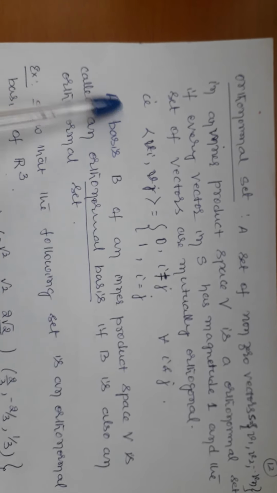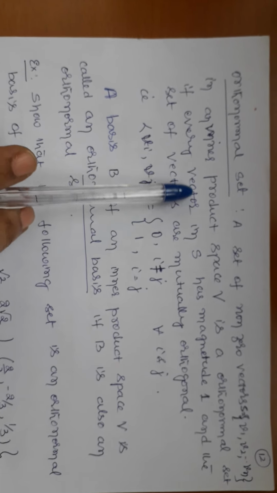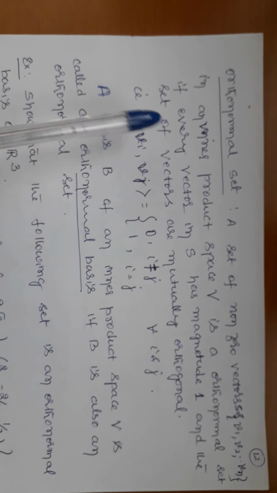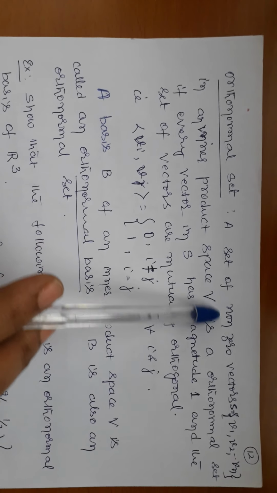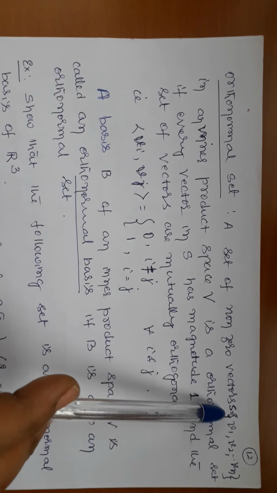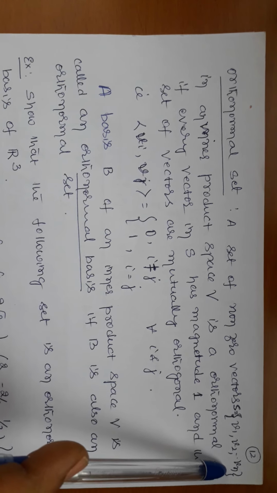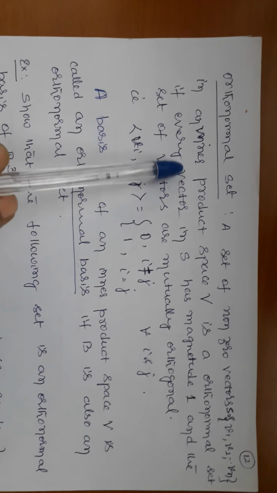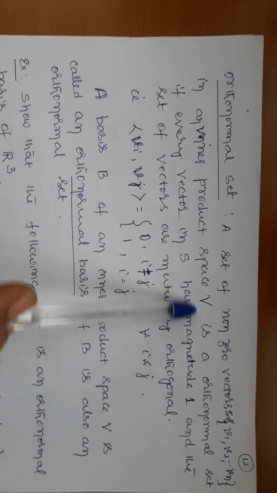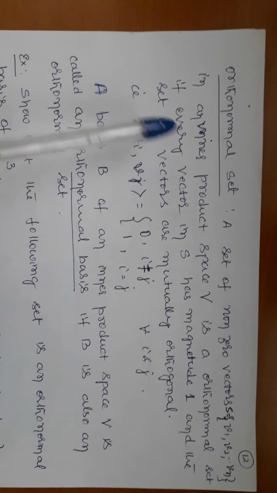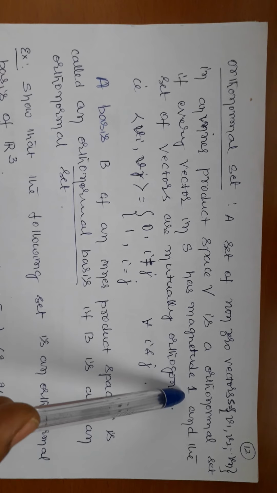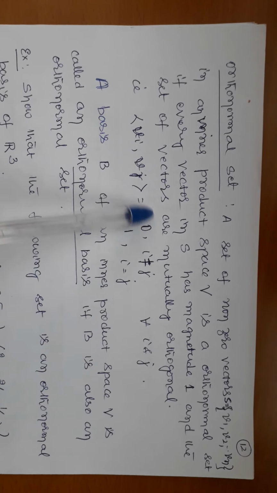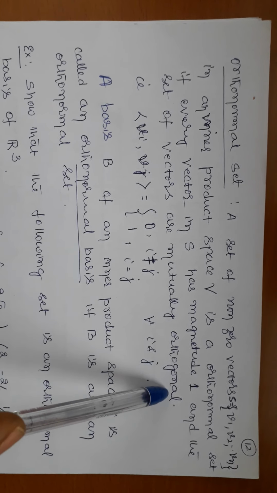Similarly, now we consider the orthonormal set. The orthonormal set is nothing but an extension of the orthogonal set. A set of non-zero vectors, say S equal to v1, v2, up to vn, having n vectors in an inner product space V, is an orthonormal set if every vector in S has magnitude 1 and the vectors are mutually orthogonal.